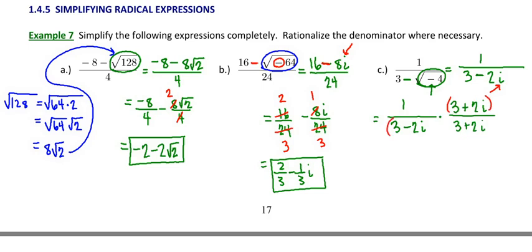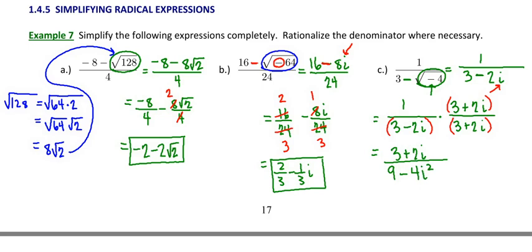Adding parentheses for guidance. The numerator is simply 1 times 3 plus 2i, which we can call 3 plus 2i, and we can FOIL the denominator. The product of our first two terms, 3 times 3, gives us 9. Remember, with conjugates, the outside and inside terms cancel, and then we have the product of our last terms, negative 2i times 2i, and that gives us 4i squared.